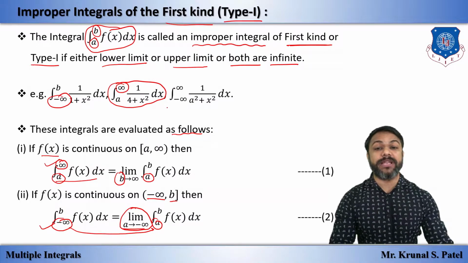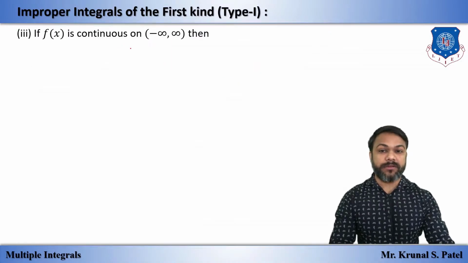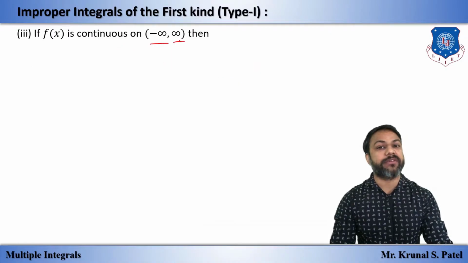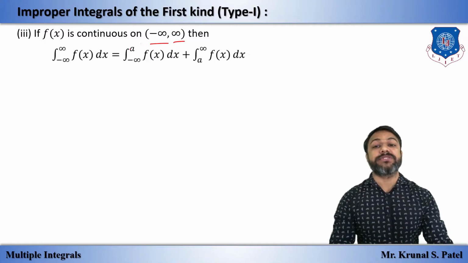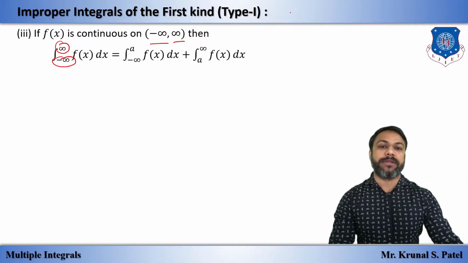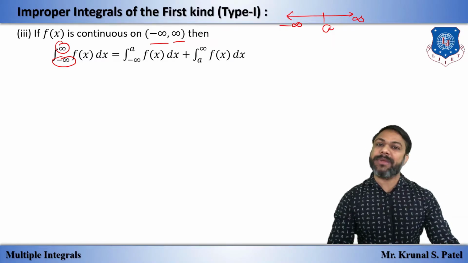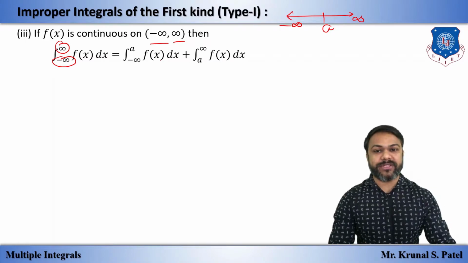Now if both limits are infinite, then this is continuous on minus infinity to infinity. First we will find an inside point, that means in between minus infinity to infinity, we will find one point A. A might be any point at which this function should not be infinite.